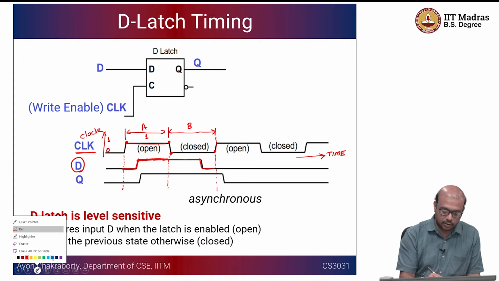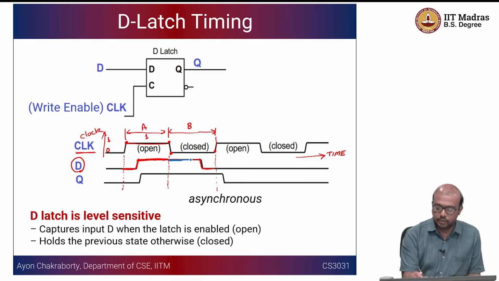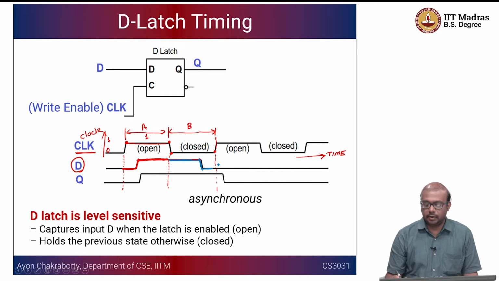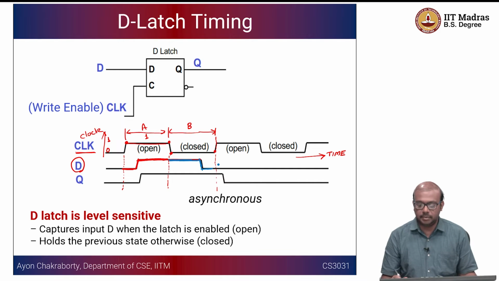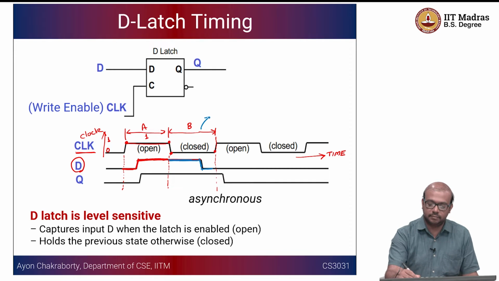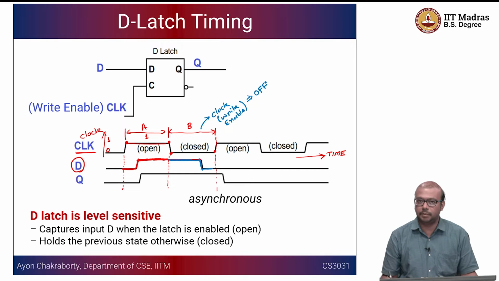I am putting now a blue color for the data in segment number B. If you follow the value that is coming to Q, for the B segment the clock, or the write enable, is off, which basically means that D should not be copied to Q. If there was some value that has already been written to Q, that will be retained.